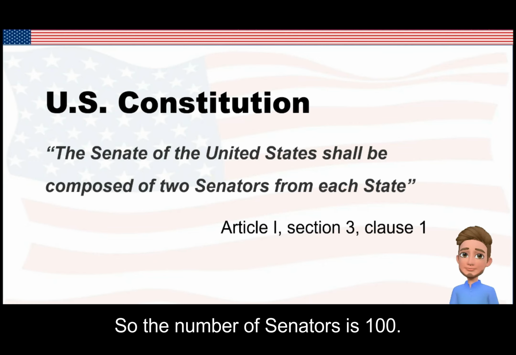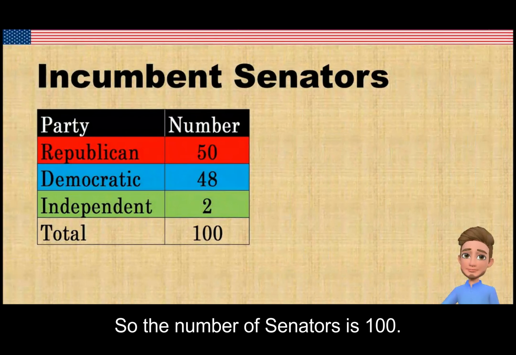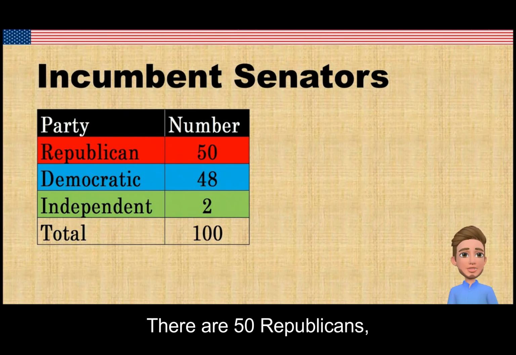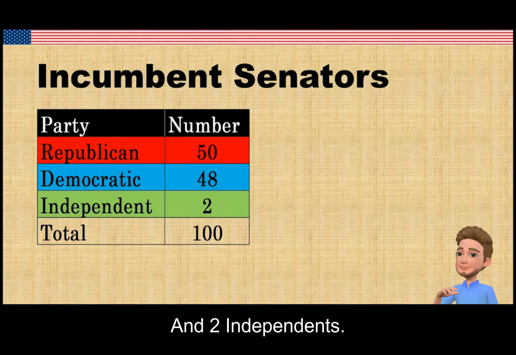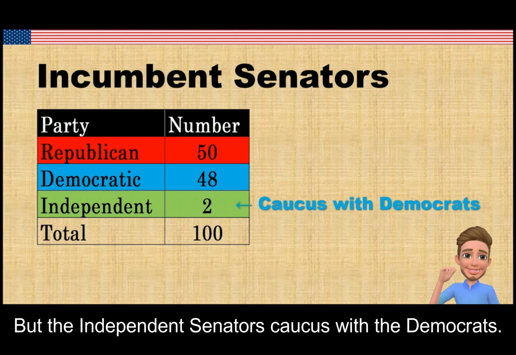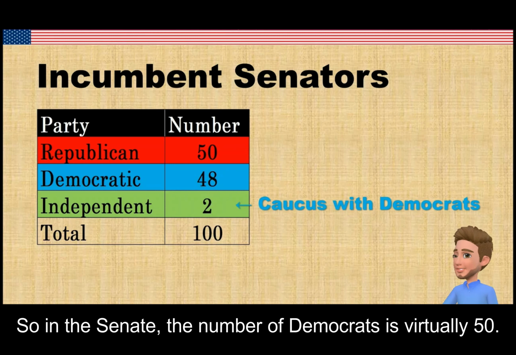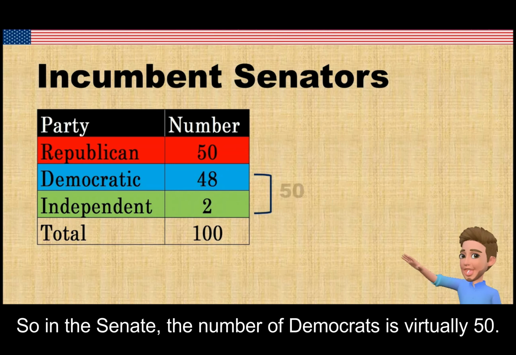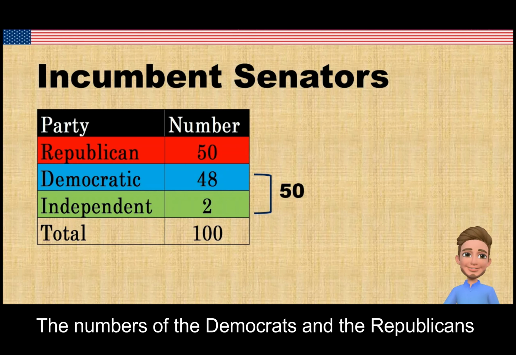So the number of senators is 100. There are 50 Republicans, 48 Democrats, and 2 independents. But the independent senators caucus with the Democrats. So in the Senate, the number of Democrats is virtually 50. The number of the Democrats and the Republicans are the same.